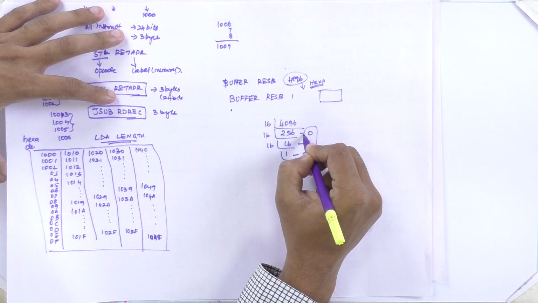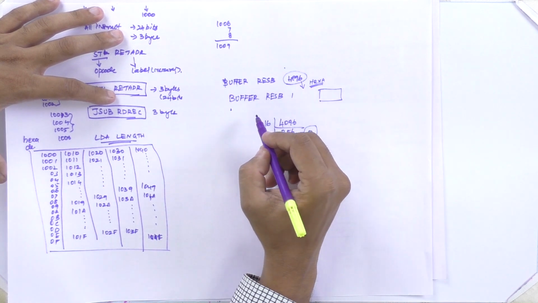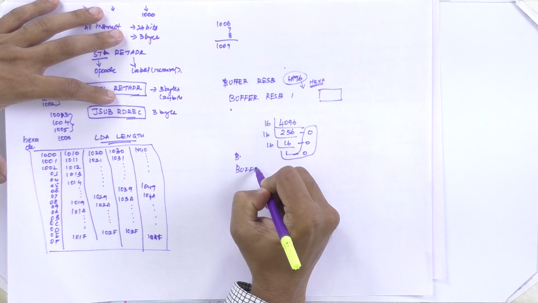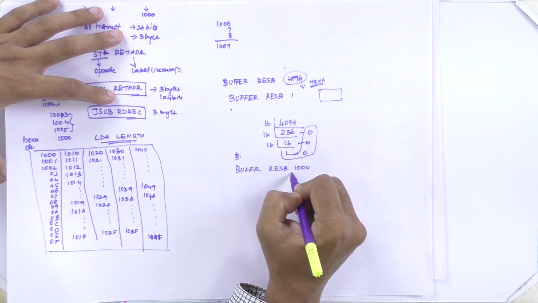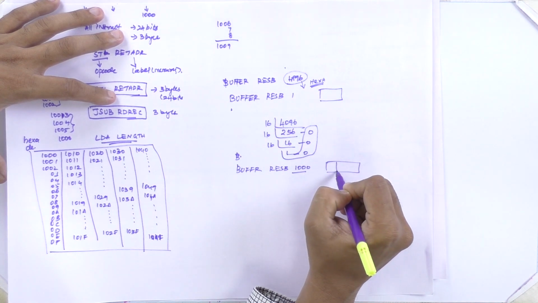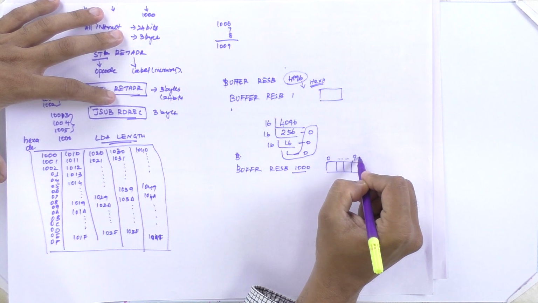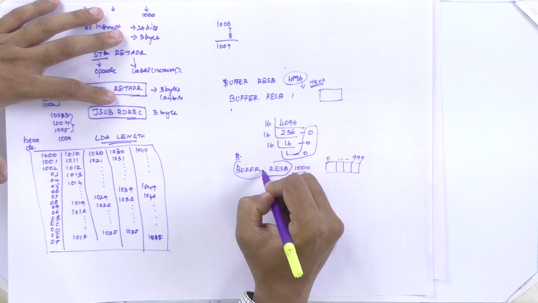So this is 1000. So instead of 4096, I will reserve 1000 bytes. That is, the buffer actually looks like this: BUFFER RESB 1000. So I have reserved 1000 memory spaces, 0 to 999 memory locations will be reserved for this buffer name.